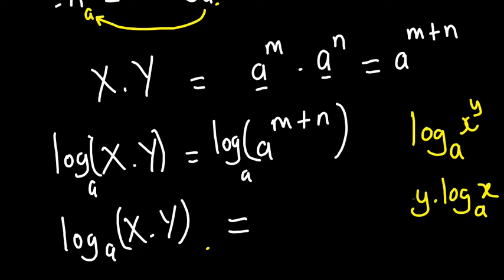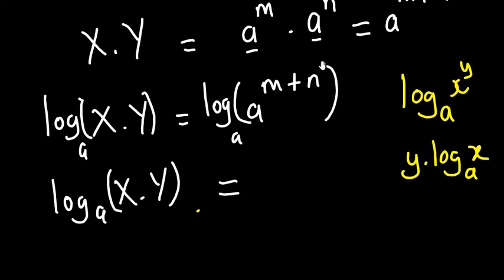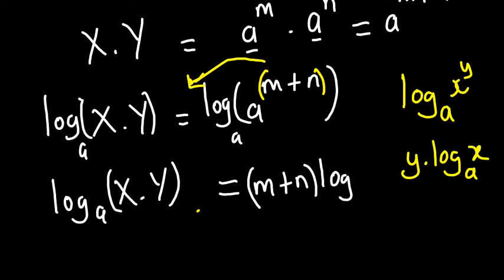This is known as the power rule. We will do that on this part as well. We just take this as a single power and move it in front of the log. So now we have m plus n, in brackets, times log a.